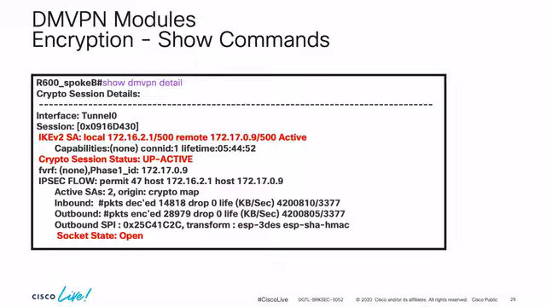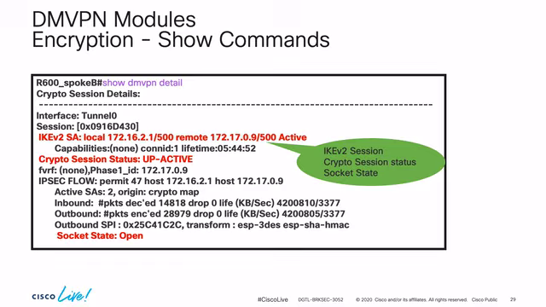So in this show DMVPN detail, we would also be seeing information about the crypto sockets, and what the crypto session status is. In this particular case, when we see active, it indicates that the crypto IKEv2 session is actually active.